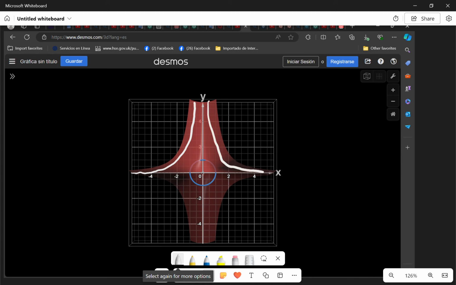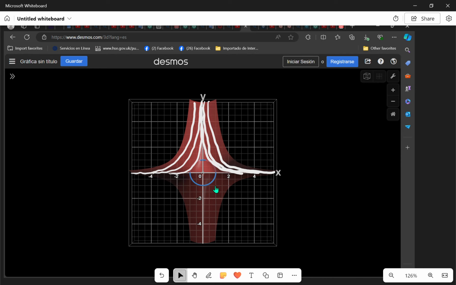So say we are at this height, and we can do it with more than one plane, and we draw its intersection with the red graph. So it would look like this, and these white lines represent contour lines.